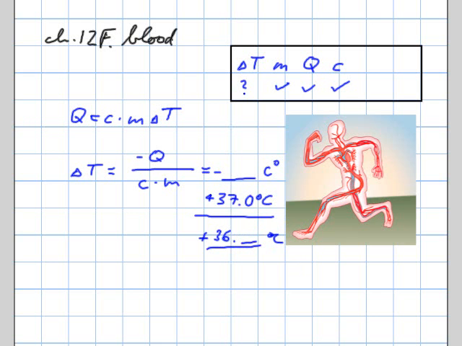At this point, I may want to say something about the delta T, the difference in temperature, being expressed in Celsius degrees versus kelvins. Notice also that the c is expressed in joules per kilogram and Celsius degrees, but it could also be expressed instead by divided by kelvins. And we had the same thing for the linear thermal expansion. The units were 1 over Celsius degrees, but it could also be 1 over kelvins.